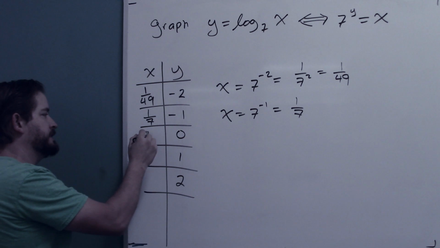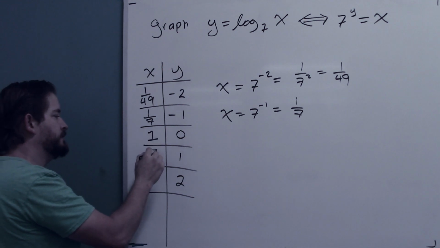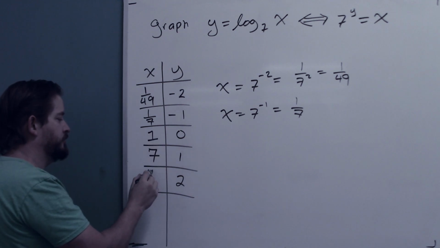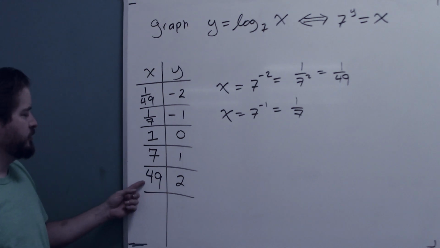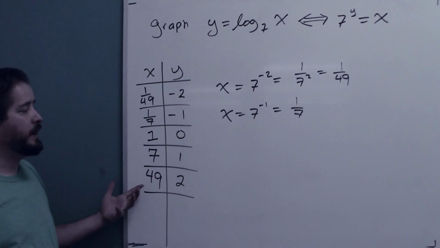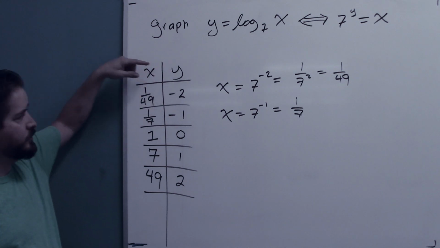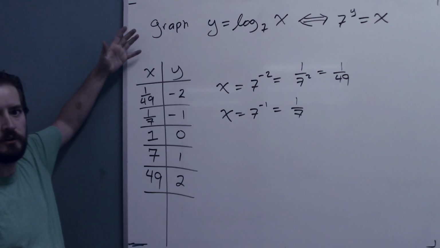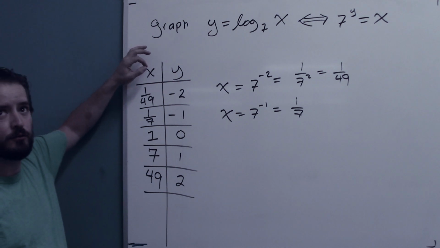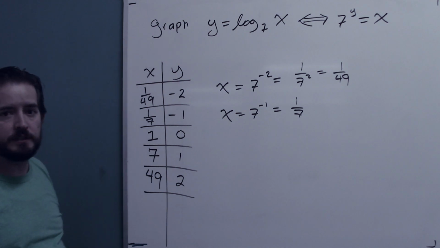Multiplying this by 7 gives me 1, multiplied by 7 gives me 7, and then 49. But I'm so far to the right here with my x that it doesn't really matter, right? And again, if I keep going with negative values of y, -3 is just going to give me 1 over 7 to the 3rd, which is still not negative, but it's closer and closer to 0.